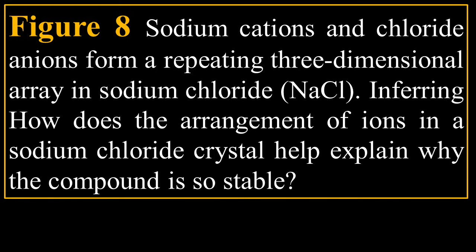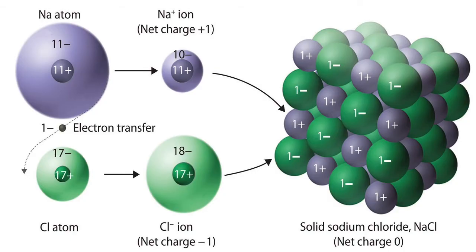Sodium cations and chloride anions form a repeating 3-dimensional array in sodium chloride, NaCl, a formula unit. Inferring: how does the arrangement of ions in a sodium chloride crystal help explain why the compound is so stable? In the next couple of pictures, you're going to see what the sodium chloride formula unit is composed of.